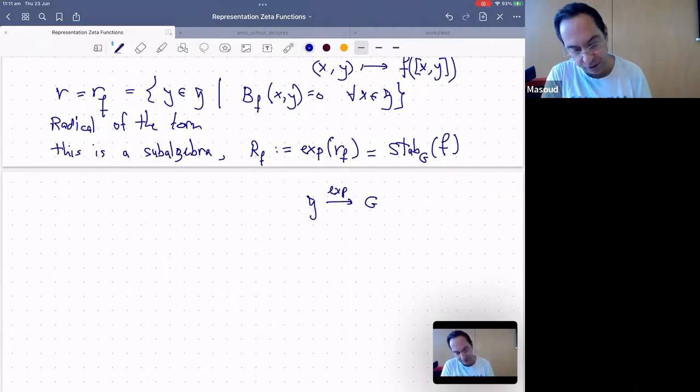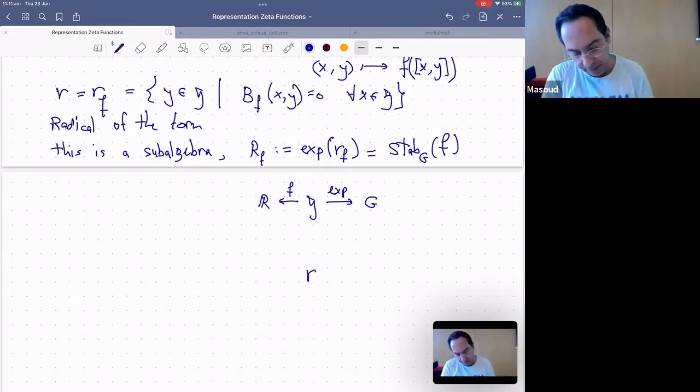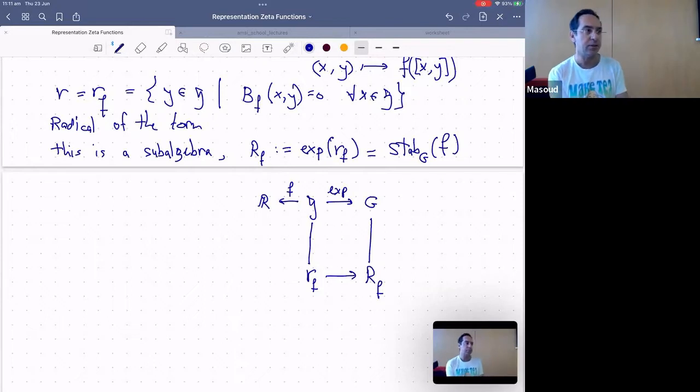We picked a functional, so we have our functional here, and we have the radical of the functional. It's a Lie subalgebra of G. We exponentiate the radical, we get a subgroup here of G. That's what we have so far.